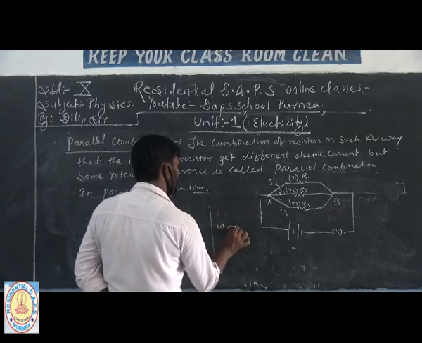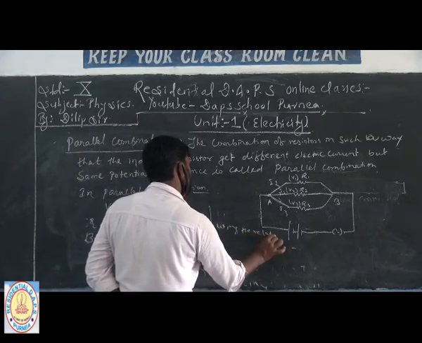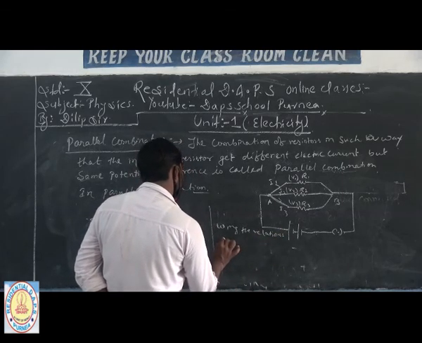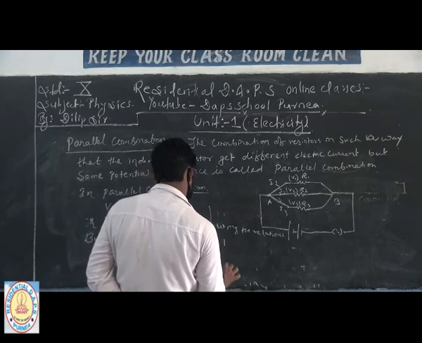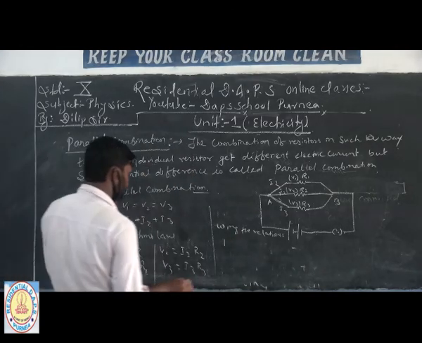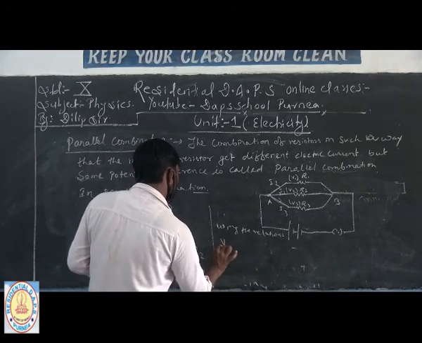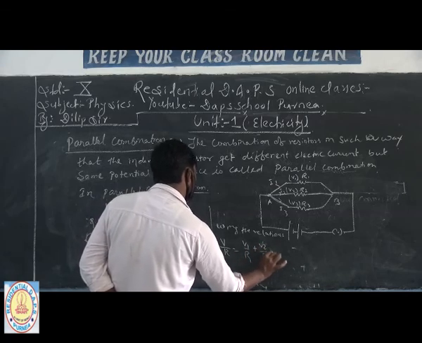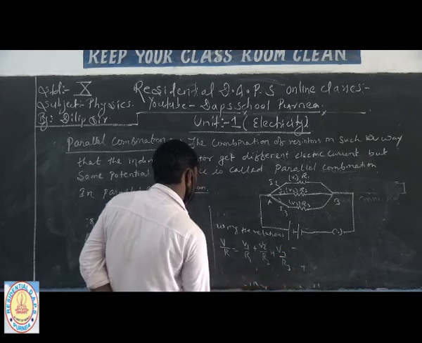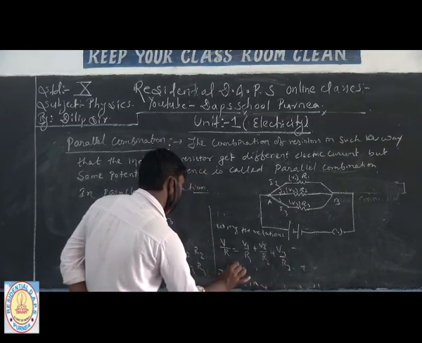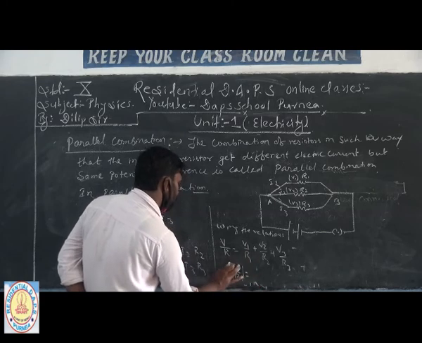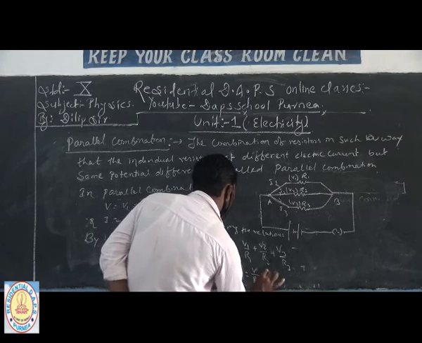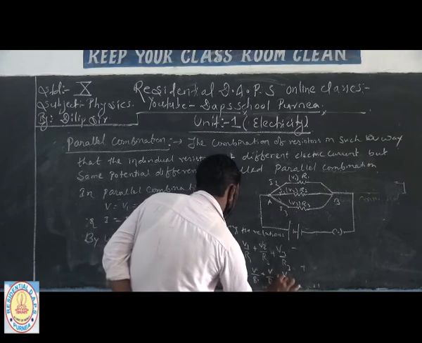Using the relations, V by R equals V1 by R1 plus V2 by R2 plus V3 by R3. This implies V common, 1 by R equals V by R1 plus V by R2 plus V by R3.